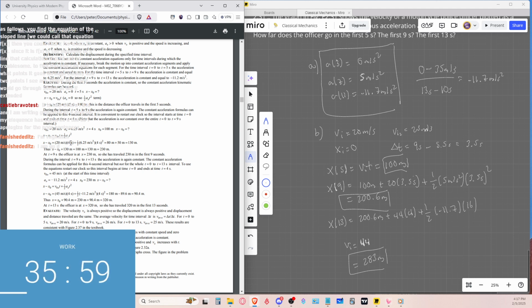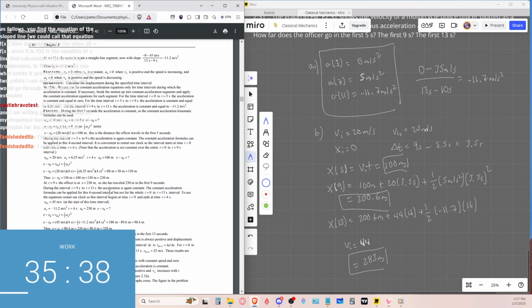So the initial velocity was 4 seconds. Yeah, so that's what they did here. Yeah, we didn't get this answer really good. But that's fine. That's okay.